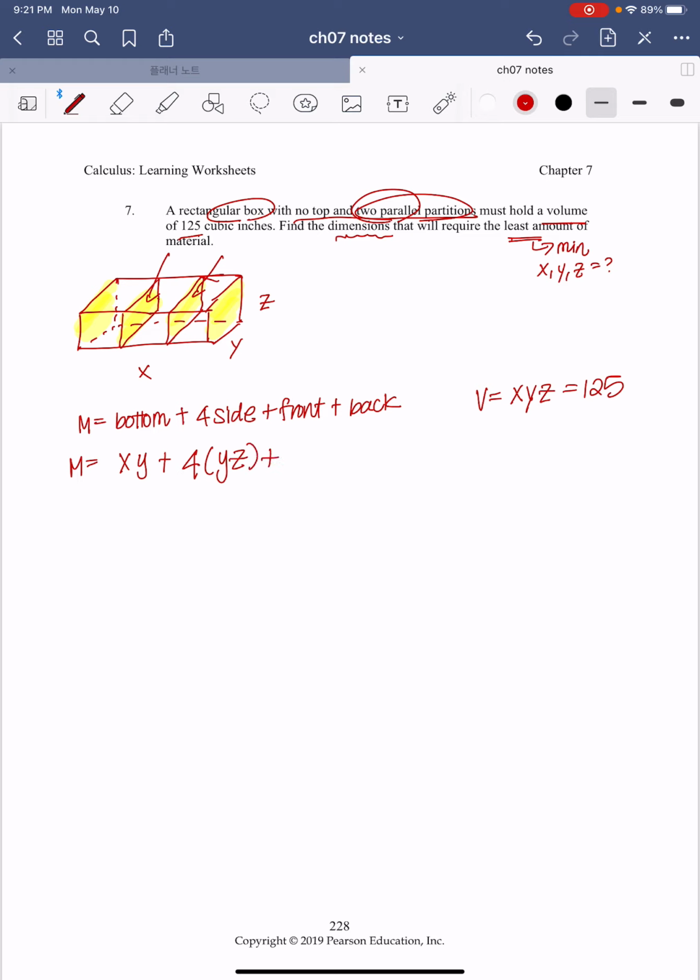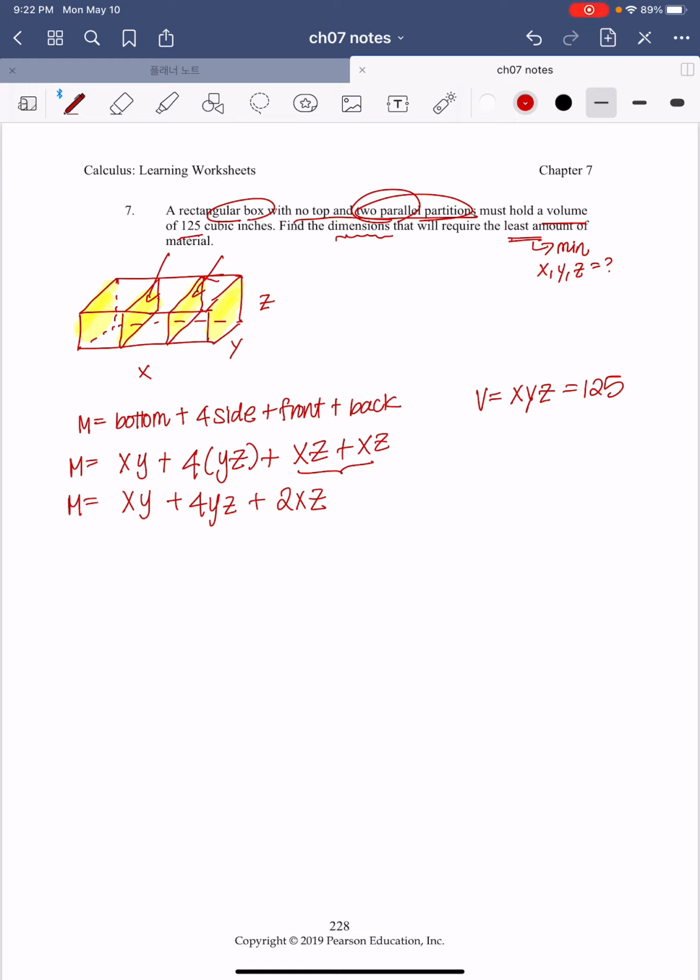The front is made up of X times Z, and we also have the back, another X times Z. Combining these two, I have M, the material, equals XY plus 4YZ plus 2XZ.